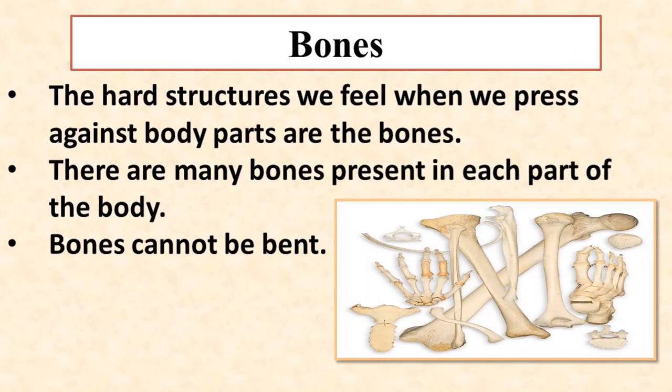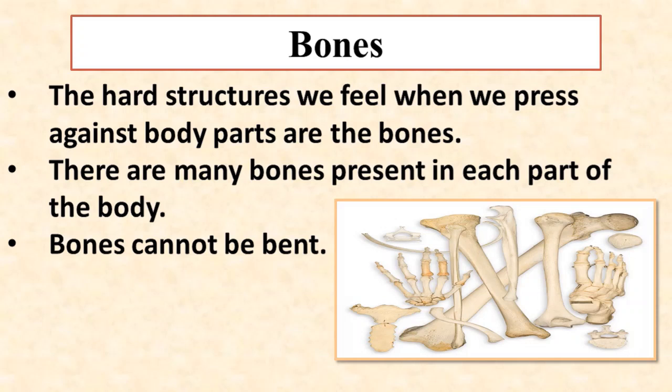The hard structures we feel when we press against body parts are the bones. There are many bones present in each part of the body. Bones have many functions. They support the body structurally, protect our vital organs, and allow us to move.